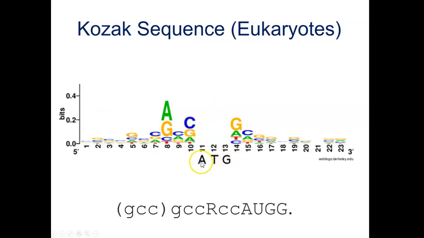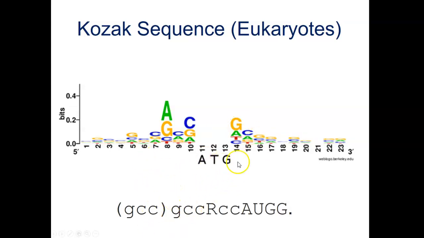This is showing the DNA sequence, which would be ATG. But oftentimes it is the first. We will find something called a Kozak sequence, which is not just the AUG, but also some key nucleotides just adjacent to the AUG.